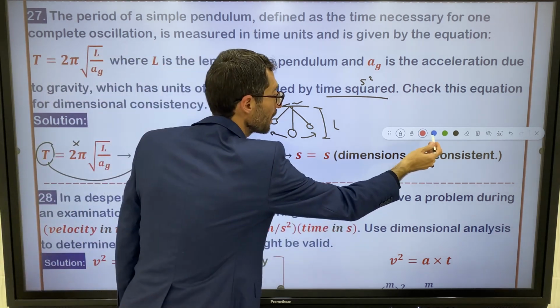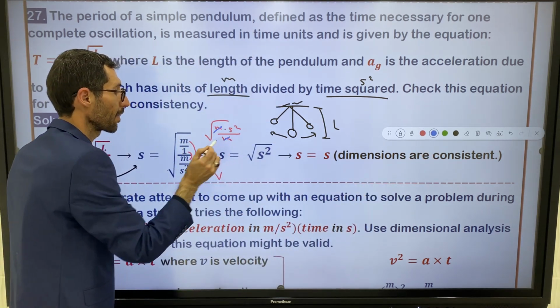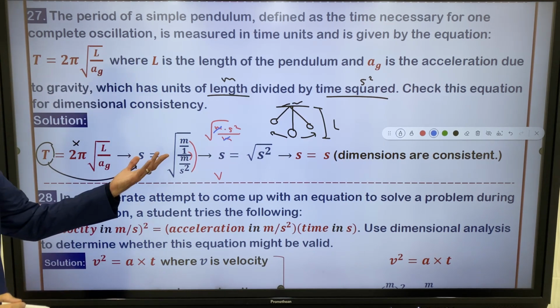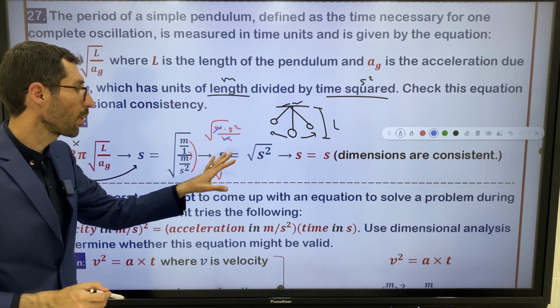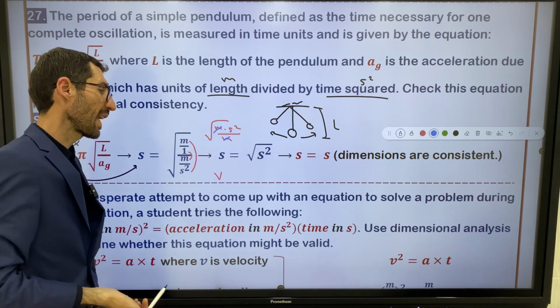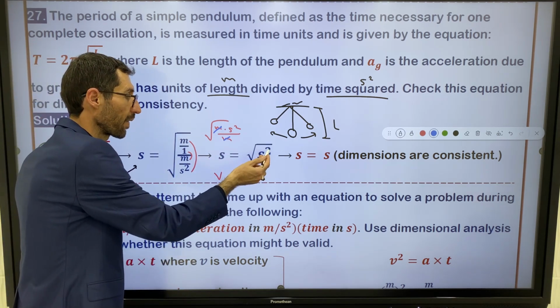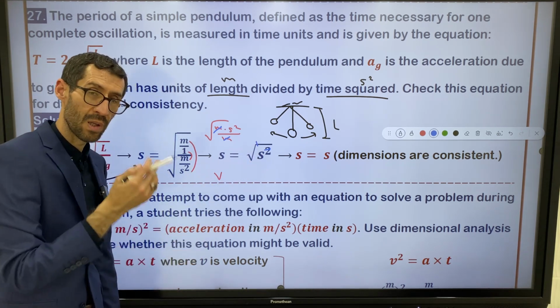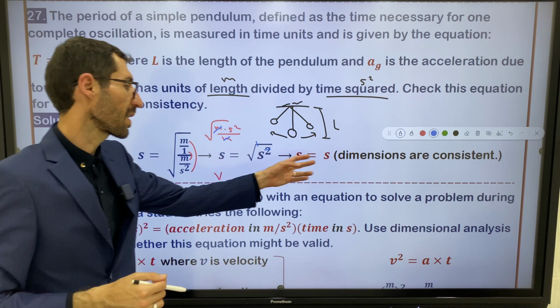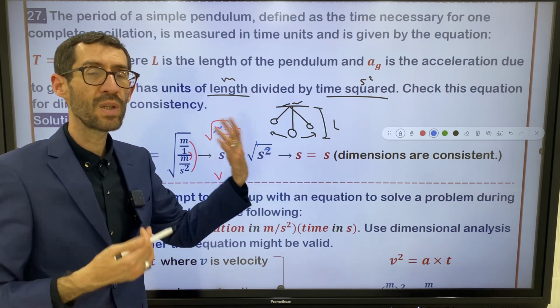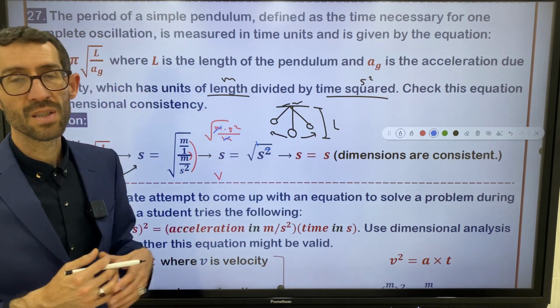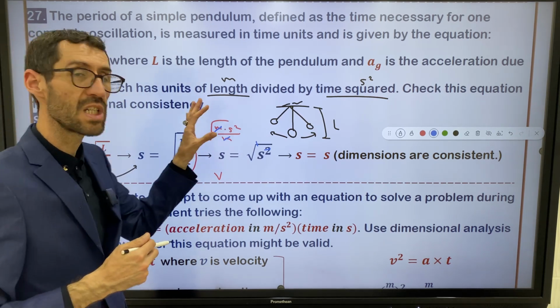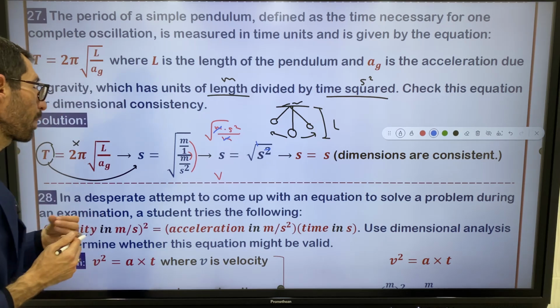Can I say meter cancels meter? Yes. So under the square root, we only have a second squared. That's why the radical with the power cancels, and s becomes s. s is equal to s. What does it mean? Dimensions are consistent. The equation is valid. It has no problem.